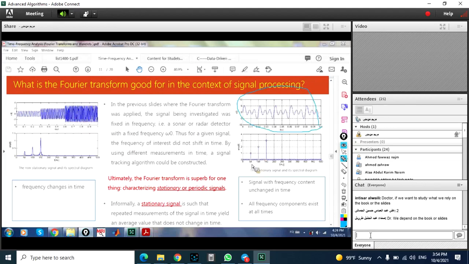Consider the Fourier transform now. Again, we see that okay, 50 and 100, these two Fourier transforms are similar to each other.